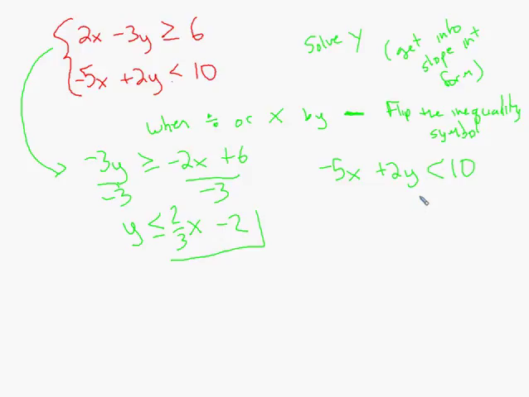See how I did that? If I want to do that one. See how I do that? Okay, check it yourself. All right, so we're going to add the 5x. And then what? Divide by 2.